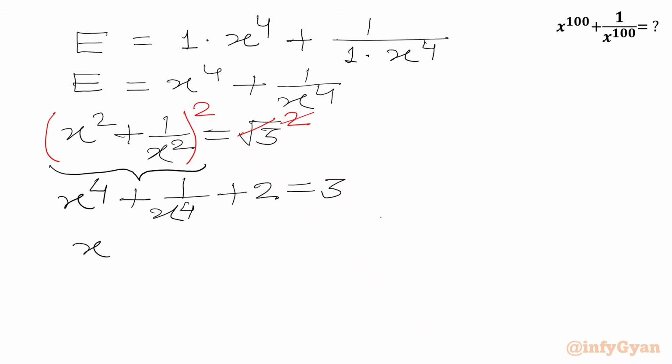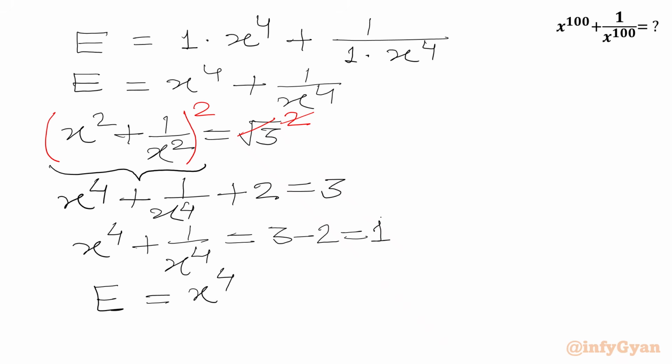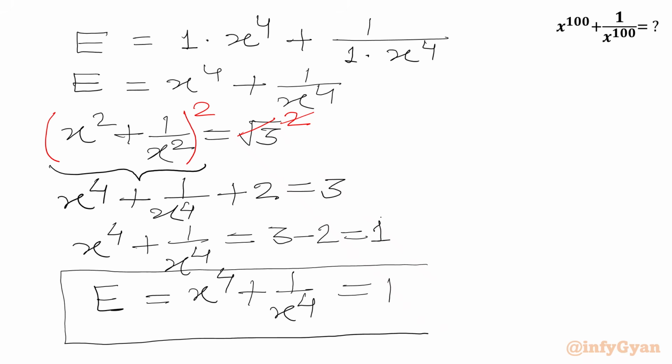So we can write x power 4 plus 1 over x power 4 equal to 3 minus 2. Value will be 1. So our target expression will become E equal to x power 4 plus 1 over x power 4 equal to 1. So our answer is, the expression is 1.